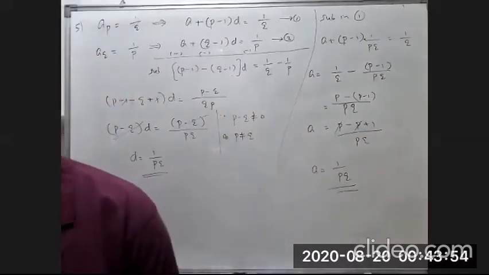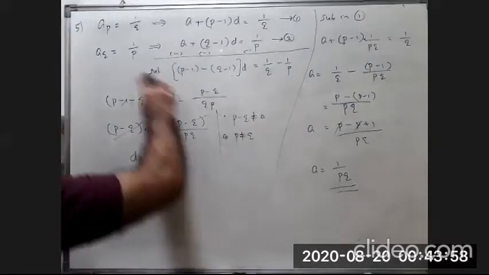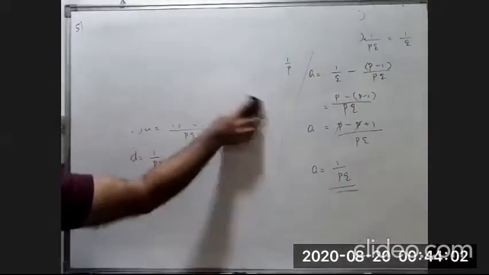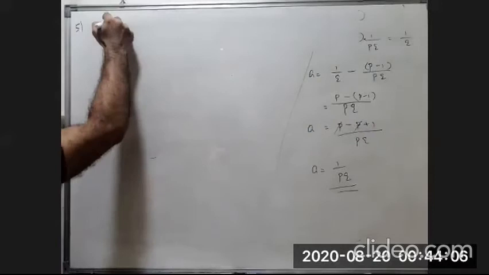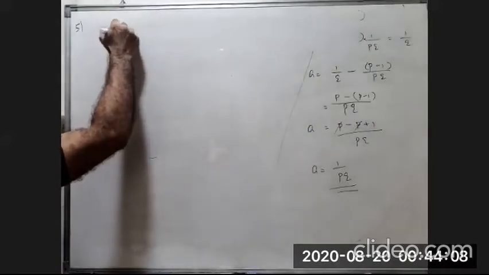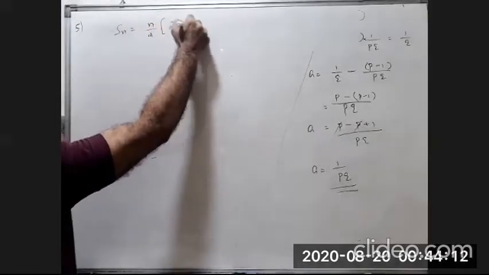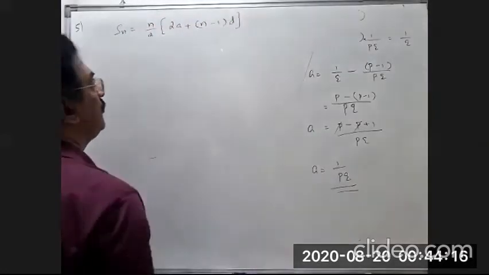What's the question? Our question is to show that the sum of pq terms. We know the formula for the sum of n terms: S_n is n by 2 into (2a plus (n minus 1) d).